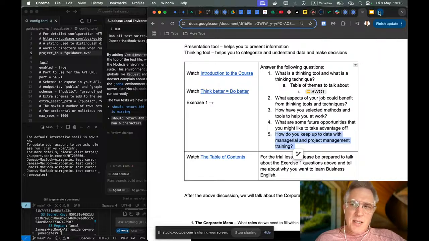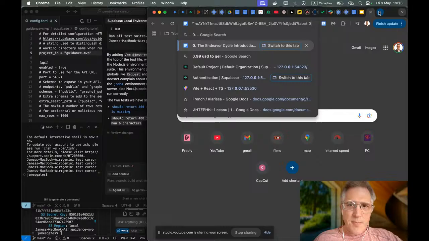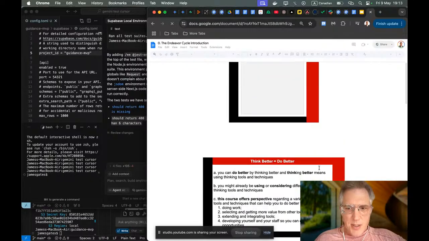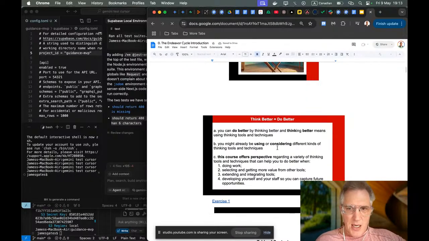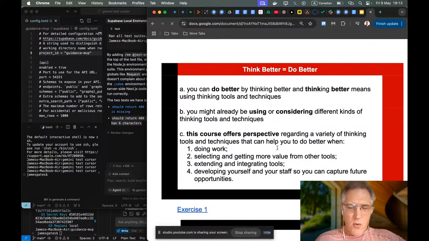Okay, so this is connected with some of the stuff that Tom asked me to add as the beginning of this course. You can do better by thinking better, and thinking better means using thinking tools and techniques.